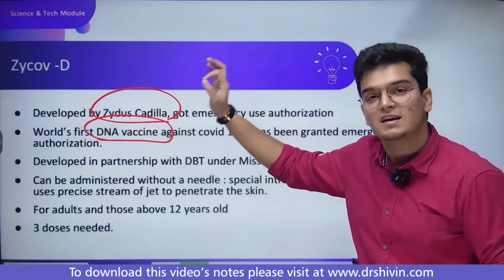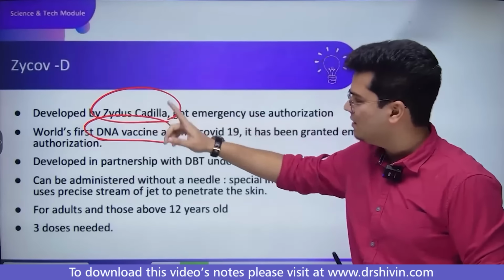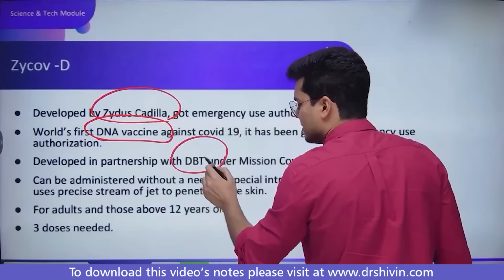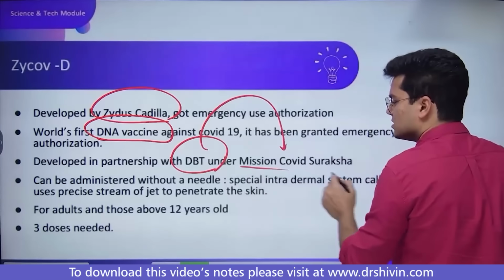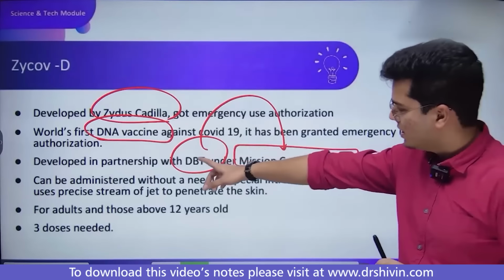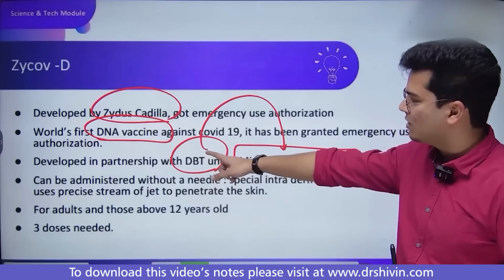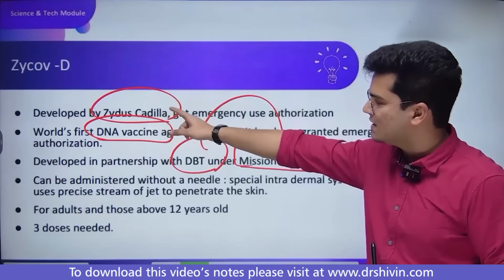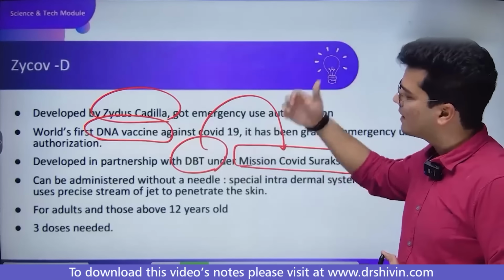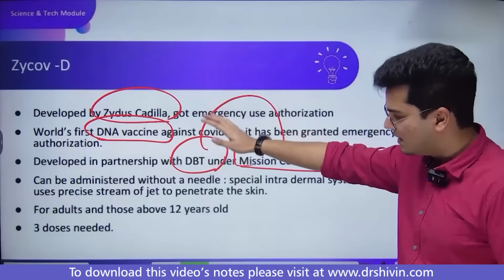It uses a bacterial plasmid. This has been developed in partnership with the Department of Biotechnology under Mission COVID Suraksha. Zydus Cadila has made the world's first DNA vaccine using a bacterial plasmid against COVID-19.